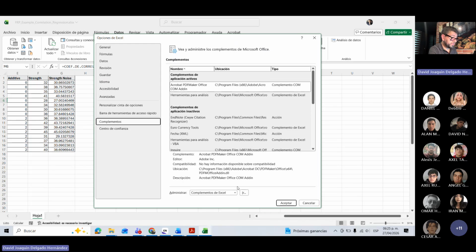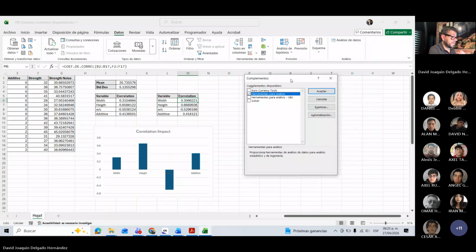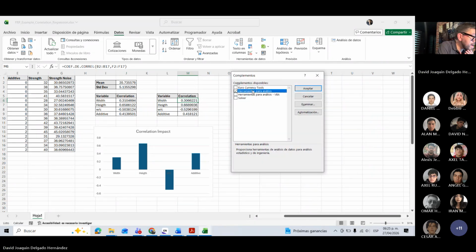Here you put go, ir, down there you put ir, and you select data analysis, herramientas para análisis. You select this, please, and you put accept.